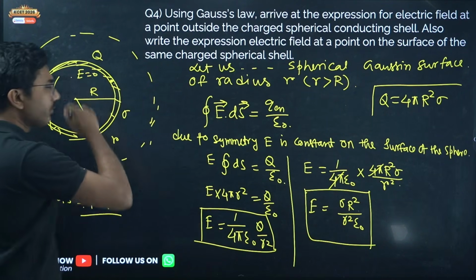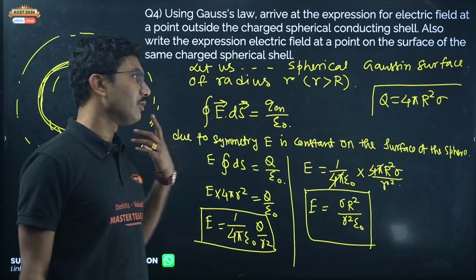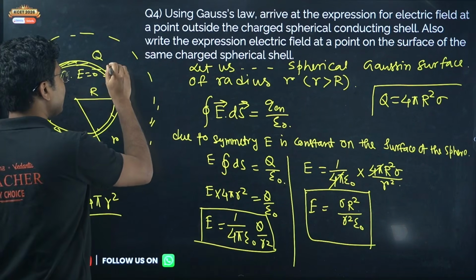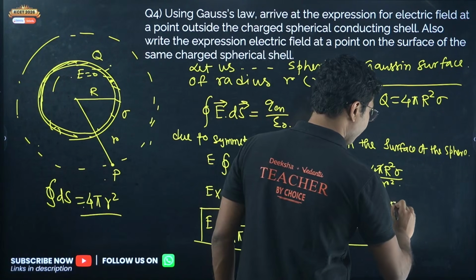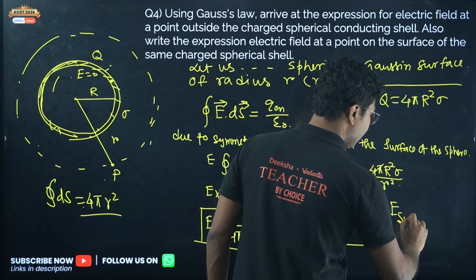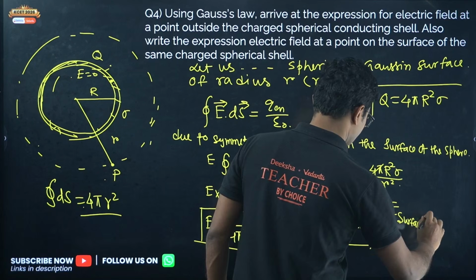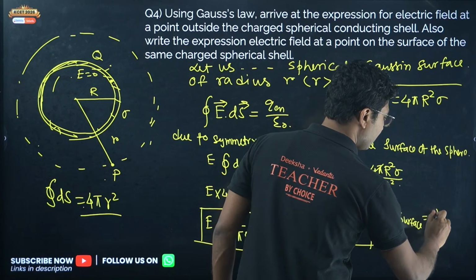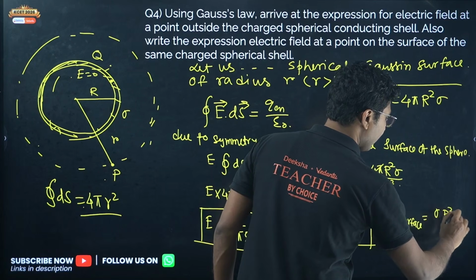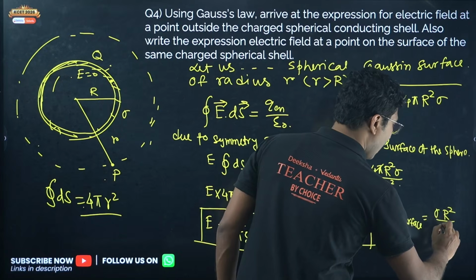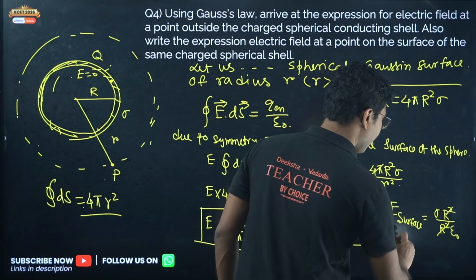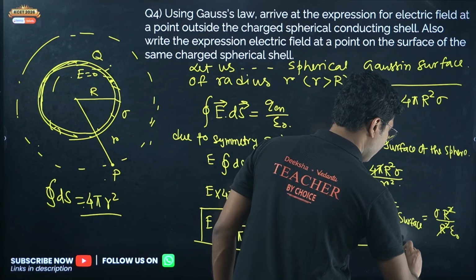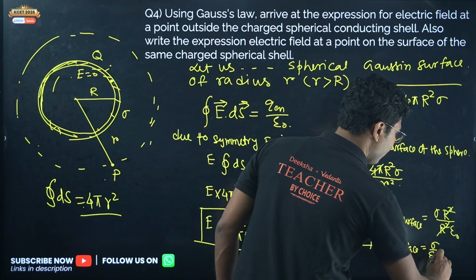No charge is enclosed for the inside portion, so the electric field is 0 inside, but on the surface, r equals capital R. So electric field on the surface equals sigma R square by R square epsilon naught. R square cancels, and on the surface it is actually a constant given by sigma by epsilon naught.